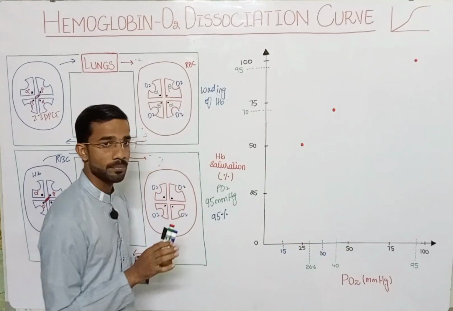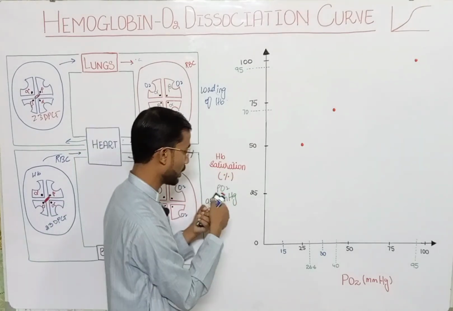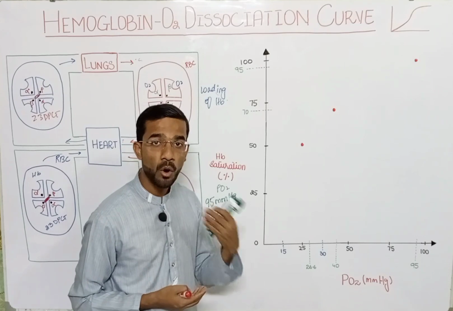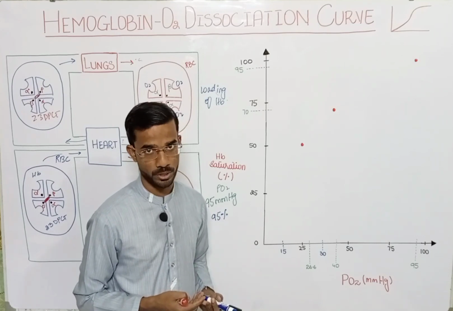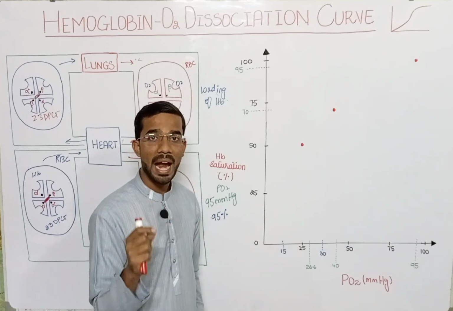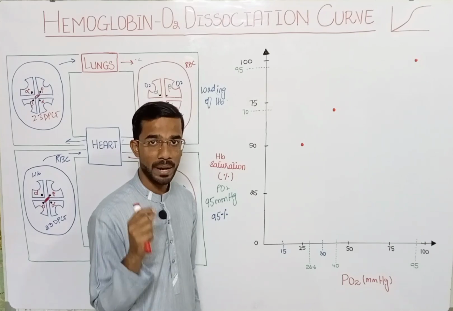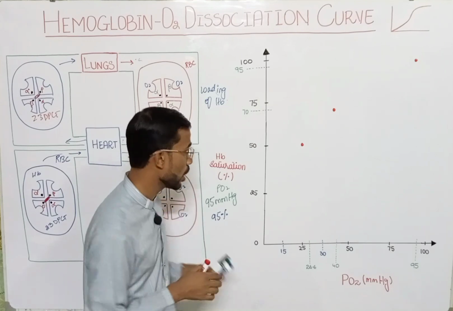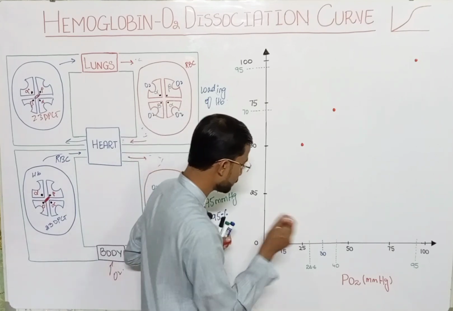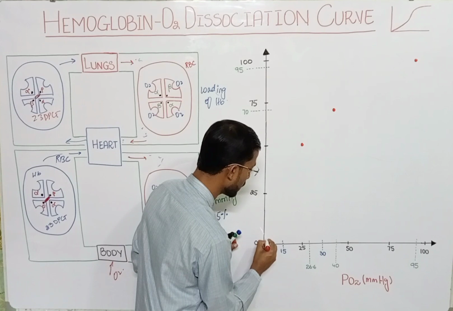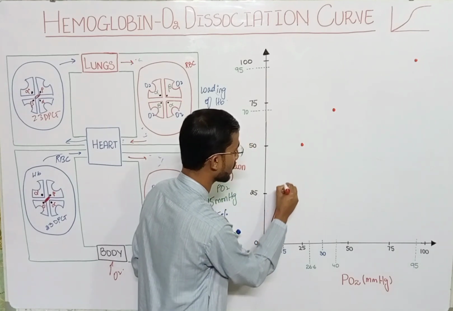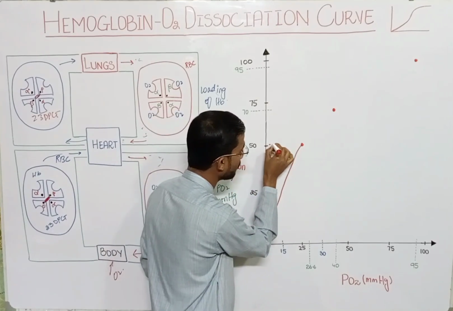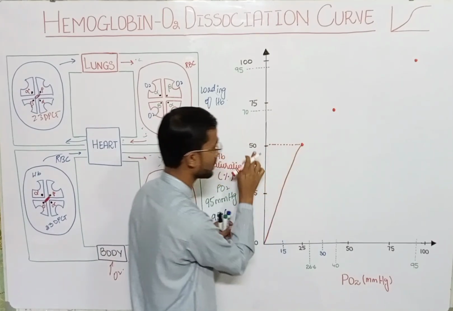If we ask at what partial pressure of oxygen hemoglobin becomes 50% saturated, we see here, starting from the starting point, this is the curve, and this is the 50% saturation.